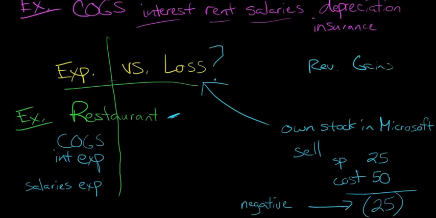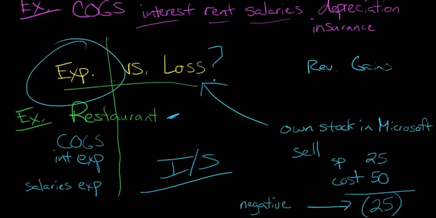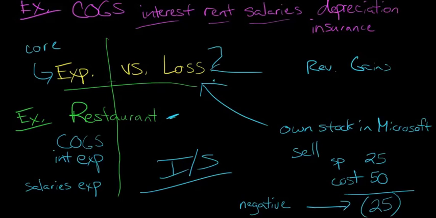And what we want to do is, when we've got that income statement, we want investors or whoever's using the income statement to be able to distinguish between something that's really related to that core business idea, right? Something where we think, okay, well, what are the expenses to run this business? And then we also want to be able to distinguish something that's maybe just some kind of one-time item, or maybe for whatever reason it's something that doesn't have a lot to do with the operation of this business.